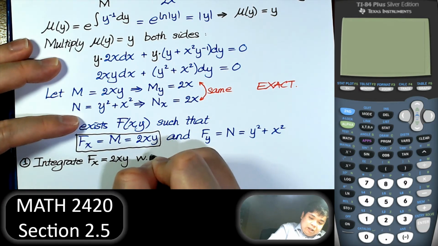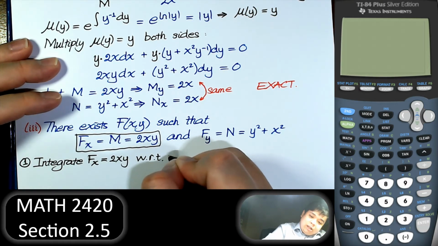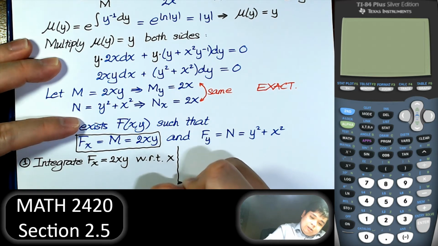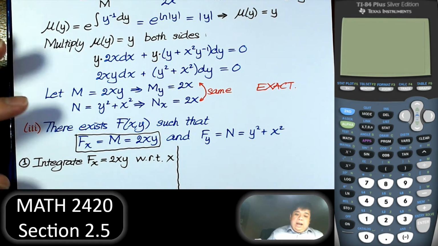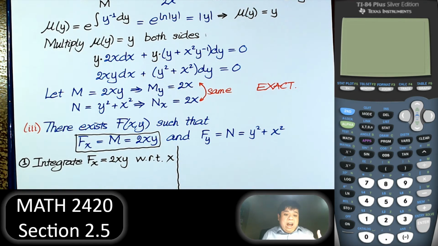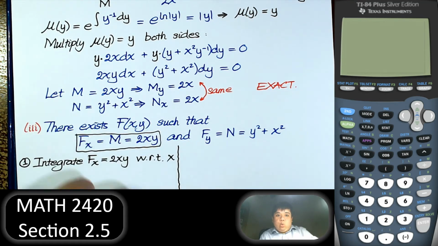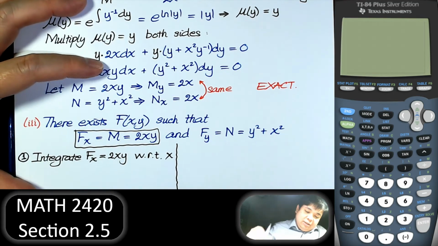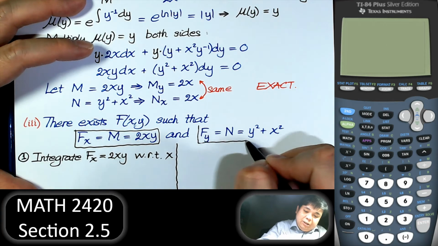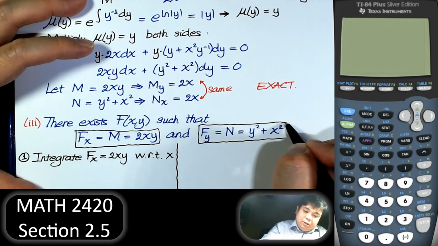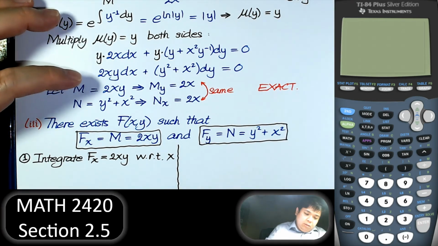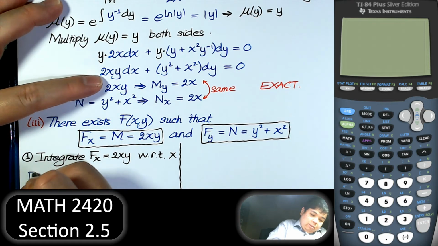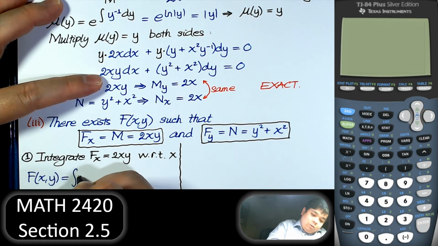With respect to x, and then we differentiate whatever we have with respect to y and match with N. So f of x,y is the integral of 2xy dx, because that is with respect to x.